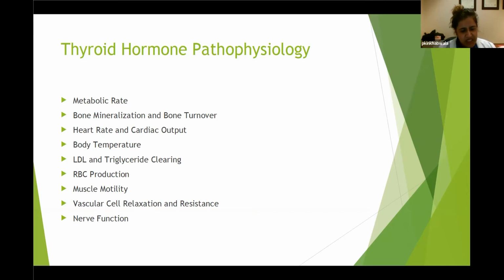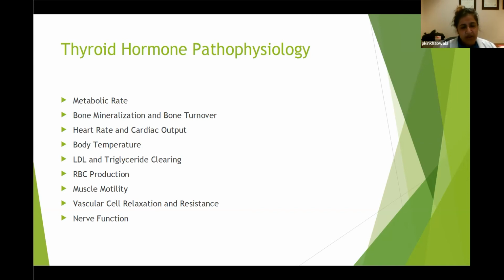Vascular cell relaxation and resistance. So thyroid hormone is responsible and does help with vascular cell relaxation and increased resistance. And so when that comes into play is when it comes to blood pressure. Now, when your thyroid hormone is significantly elevated, it will increase vascular resistance, which can then result in an increase in blood pressure.